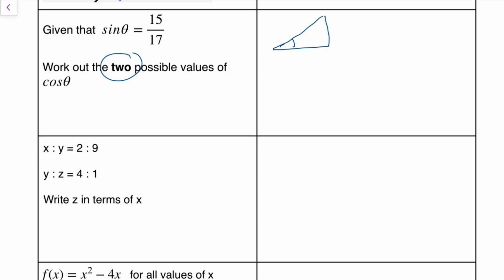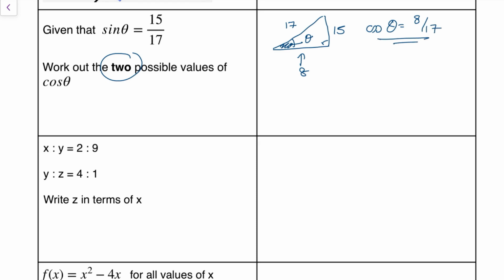I'm going to note that back in whatever it was, year 9, year 10, you did something called trig, and you learned that theta, sine is opposite, which is 15, over adjacent, which is 17, which means using Pythagoras, this is 17 squared minus 15 squared, which is 8, which means that I know cos theta is adjacent, which is 8, divided by hypotenuse, and there we go.